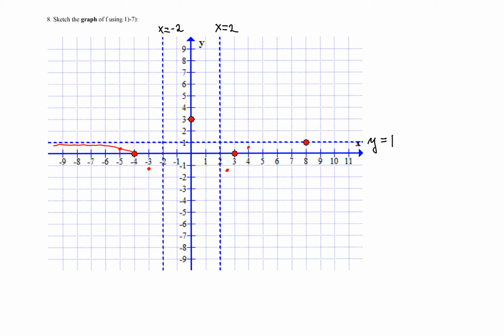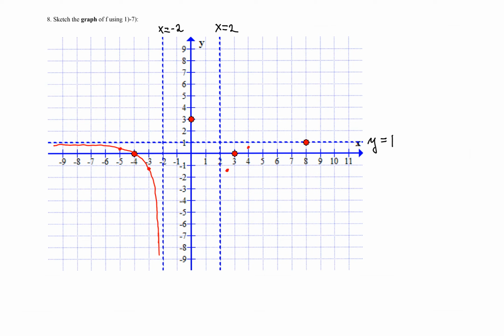The line x equals -2 is the vertical asymptote, so the graph has to approach this line, and therefore the graph has to go this way to show that asymptotic behavior. Now, if you go to the interval from -2 to 2, we know that the graph stays above the x-axis. x equals -2 and x equals 2 are asymptotes.